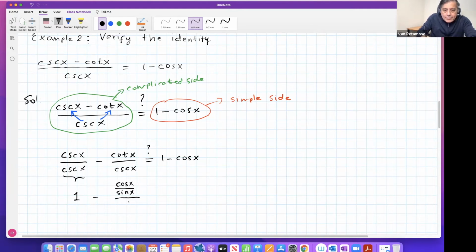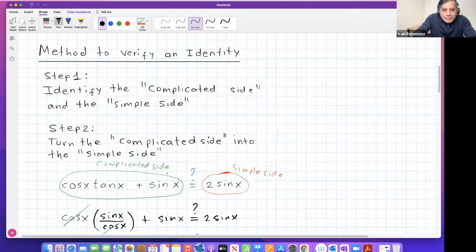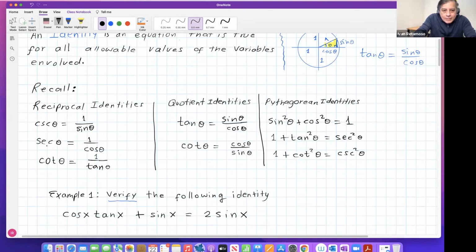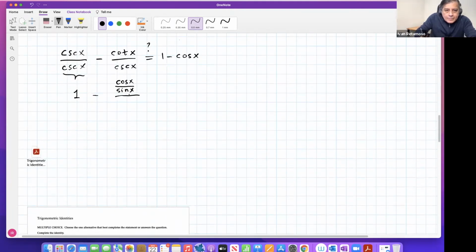And cosecant from the reciprocal identities is 1 over sine, right? Try to memorize those identities, or in case you don't remember well, write them down and have them next to you when you do your homework and when you take your exams, right?